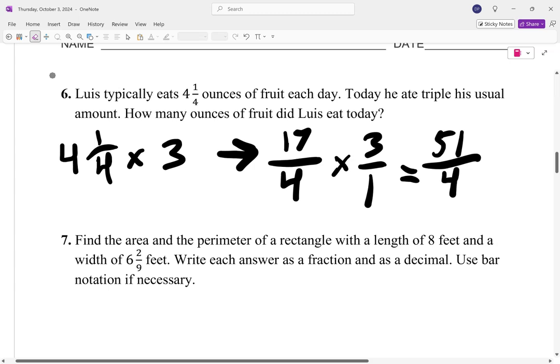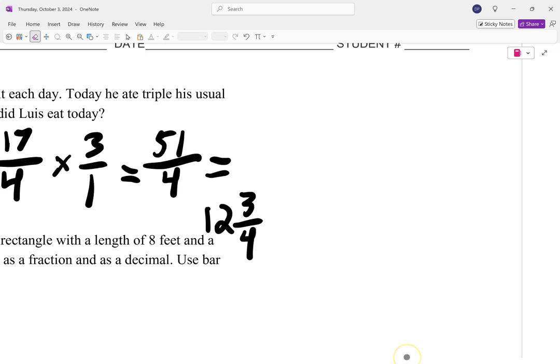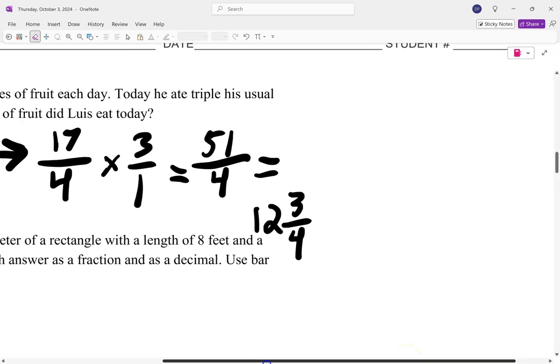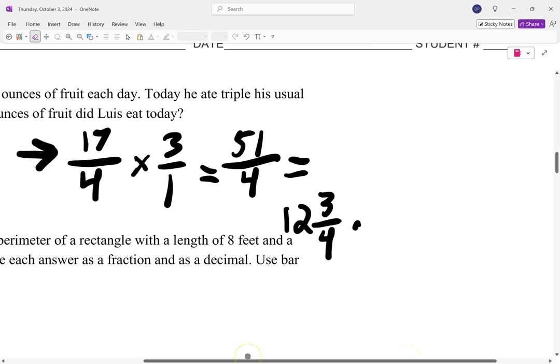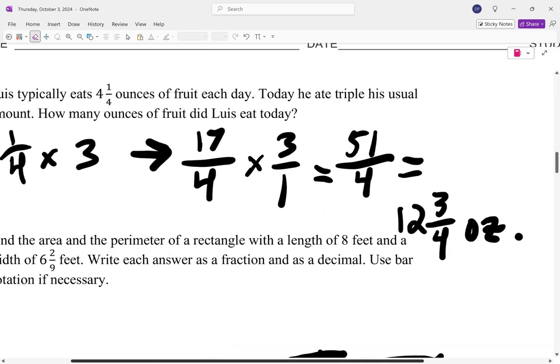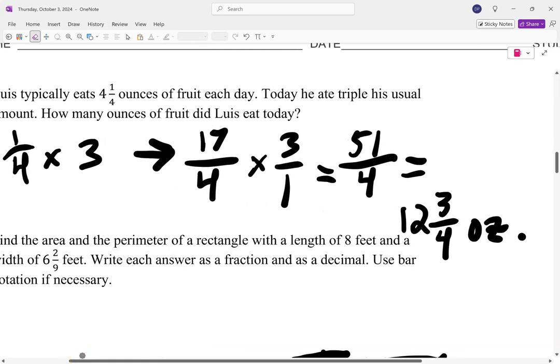So you can then make that into a mixed number, and that would be 12 3/4. Awesome. Well, and again, we should put our units. So it's, how much is it? Ounces. Okay, 12 3/4 ounces. That's over a pound of fruit. I know, that sounds like a lot.